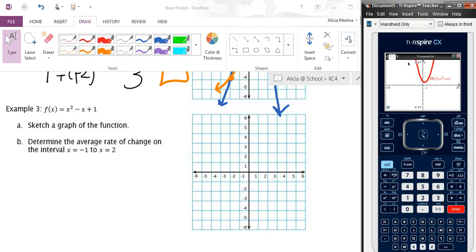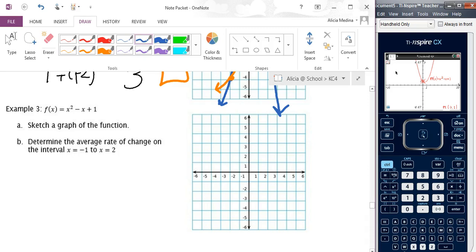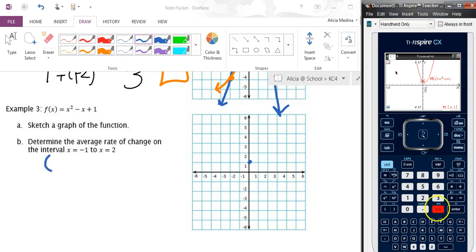Alright, so I'm going to go to menu, trace. When x is 0, it looks like my y value is 1. So I'm going to figure out what these points are. When x is equal to negative 1, my y value is 3.